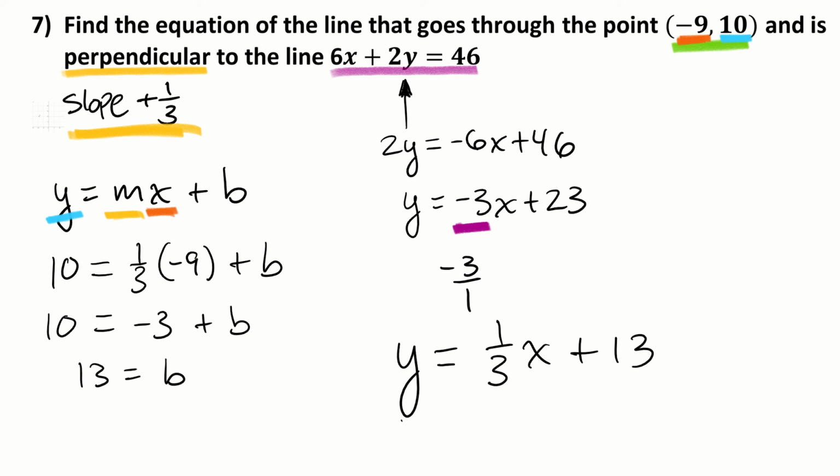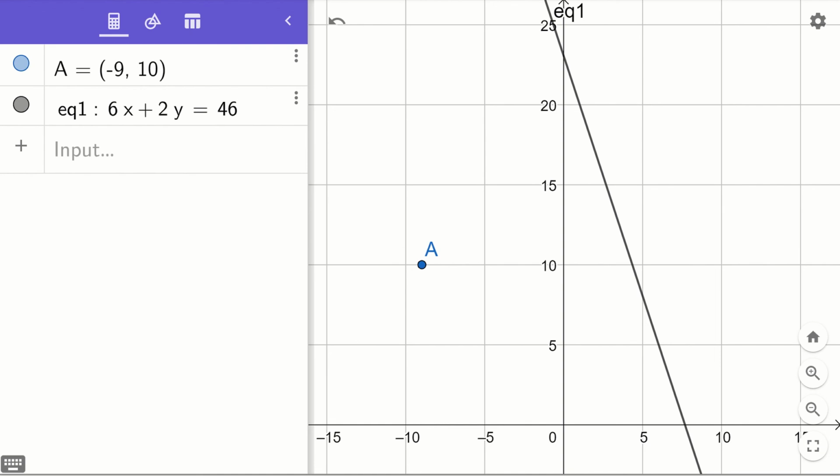So a nice way to help cement this idea conceptually is to go ahead and look at it in GeoGebra. So in GeoGebra, I went ahead and plotted the point. This is the point x is negative 9, y is 10. And I also graphed the line that I was given, 6 times x plus 2y equals 46.